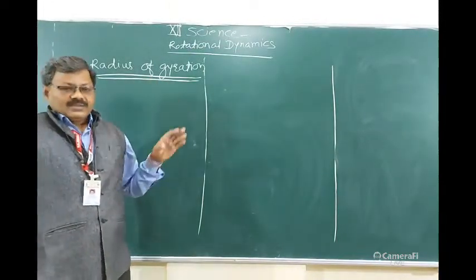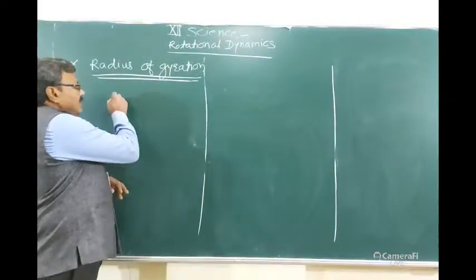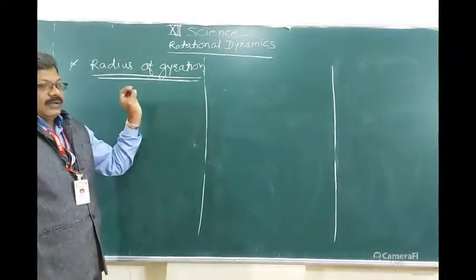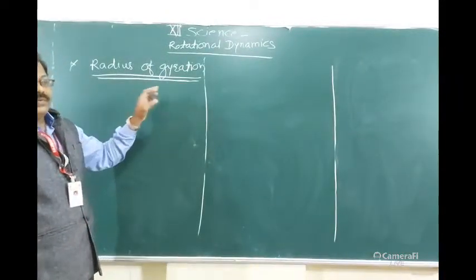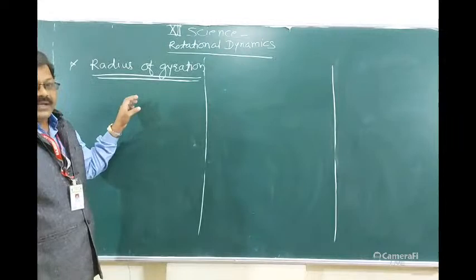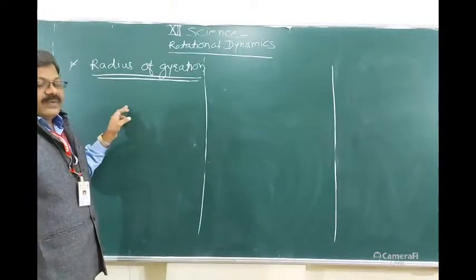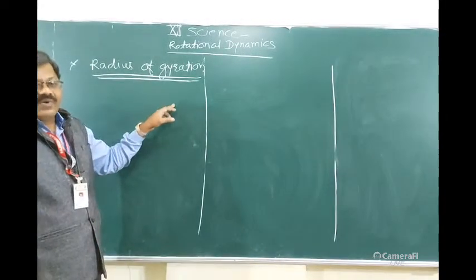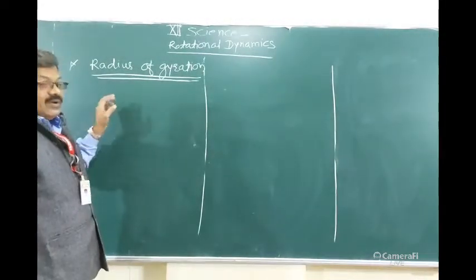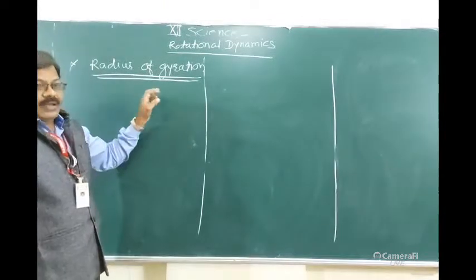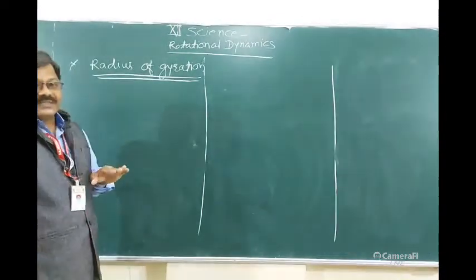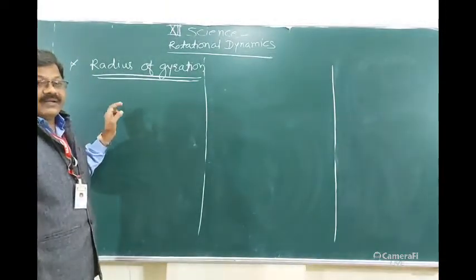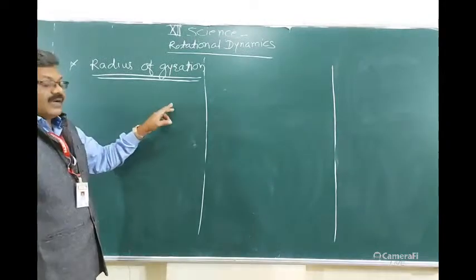Now, generally we know the mathematical or theoretical calculation of moment of inertia. Theoretical calculation of moment of inertia is possible only for bodies or objects which are mathematically integrable geometrical shapes.